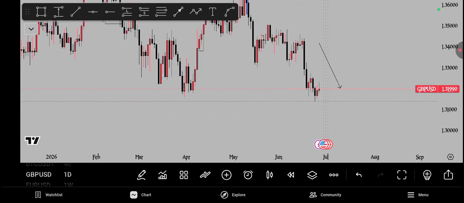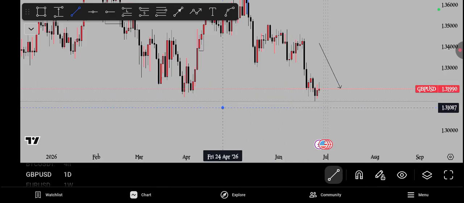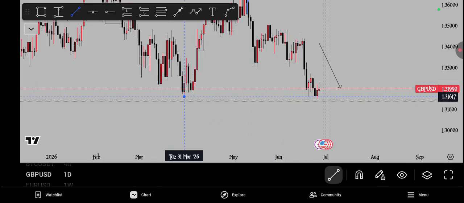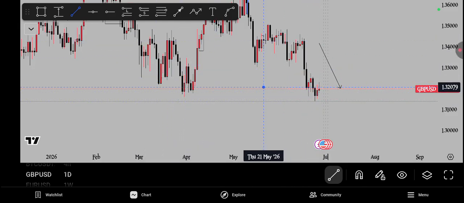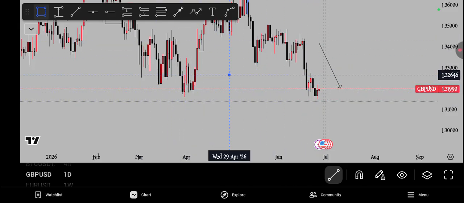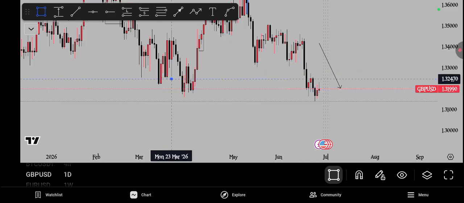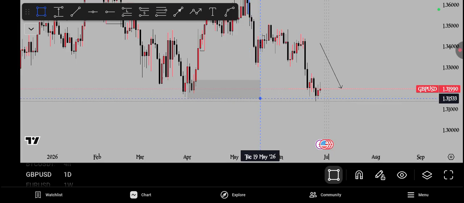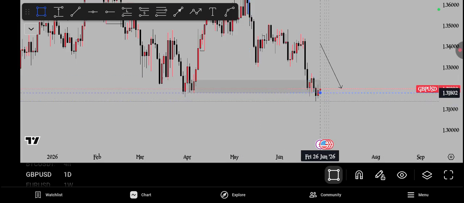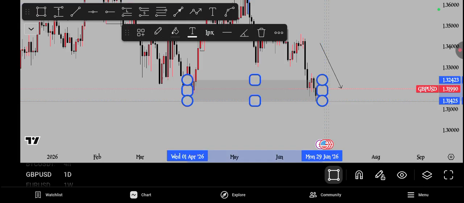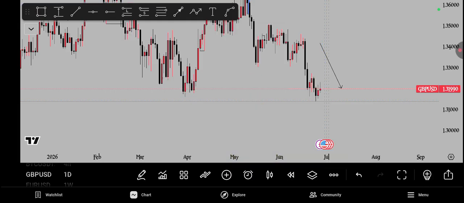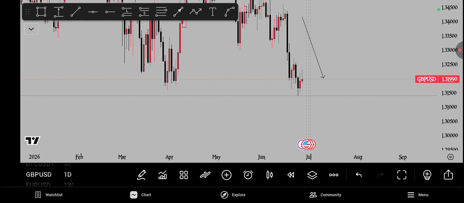But if you notice now, price seems to be reacting, creating a reaction around this level. Let's watch out here. If price gives us some sort of confirmation around this level, and that confirmation will have to do with the 4-hour structure, we'll look for buy opportunities.